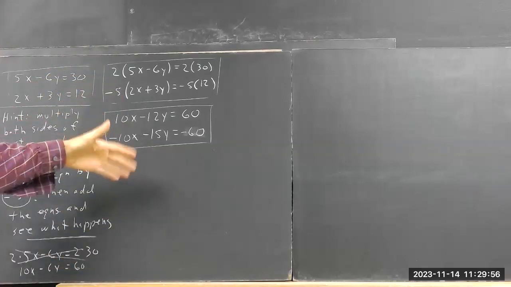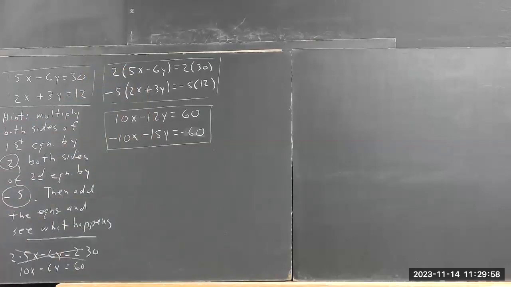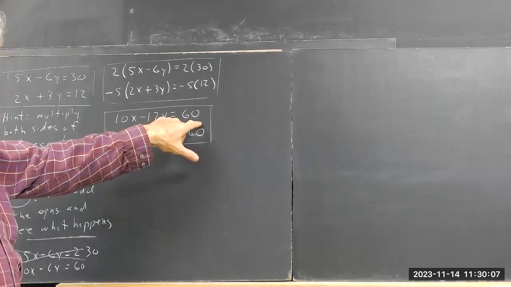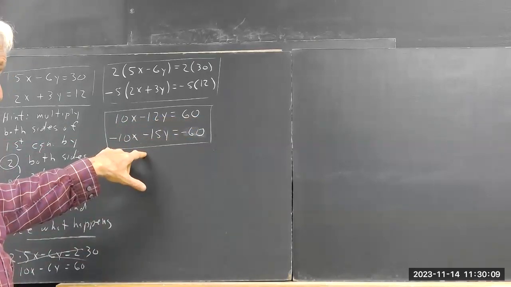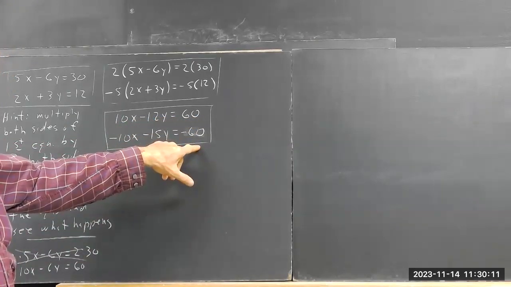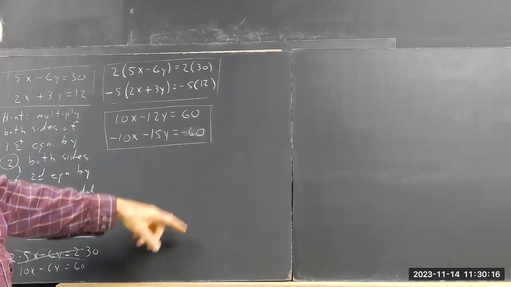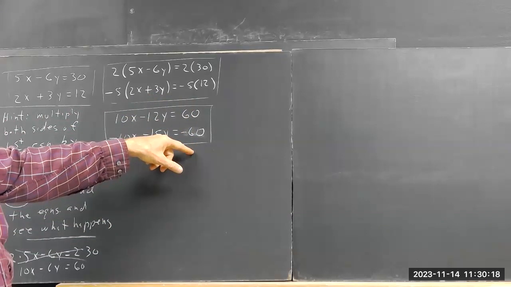Now, what happens if you add these two equations? If you add the left-hand side, okay, left-hand side here is equal to the right-hand side here, and this left-hand side is equal to this right-hand side. So if I add these two left-hand sides, you've got to get the same thing as if I add the two right-hand sides.